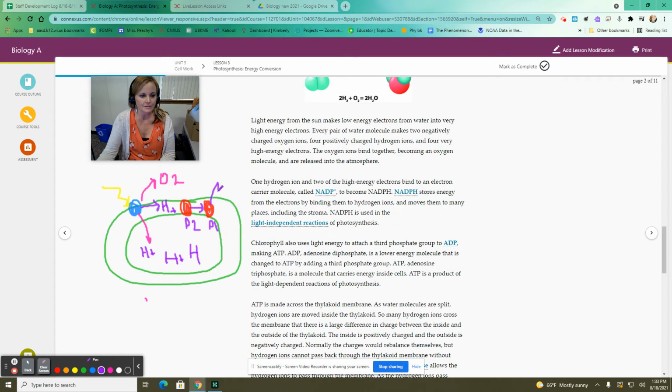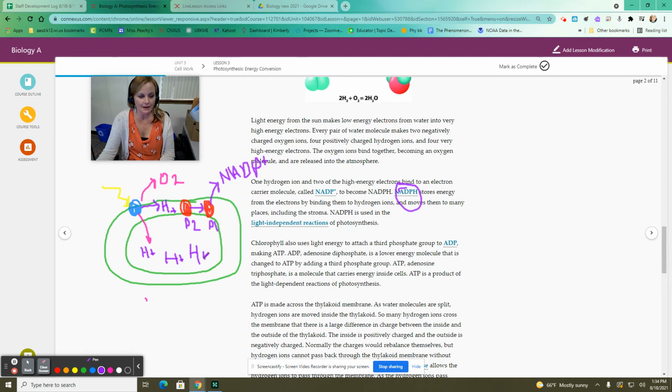And those attach to NADP plus. Oh, I guess I can't do that. I can erase the 1. They attach to NADP plus and create that NADPH right here. Right? That's one thing the hydrogen ions do.